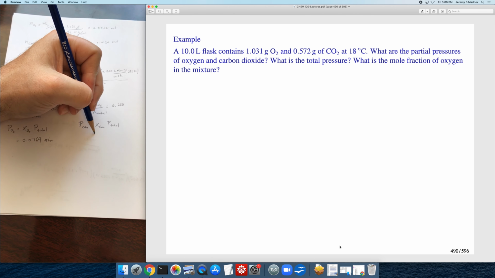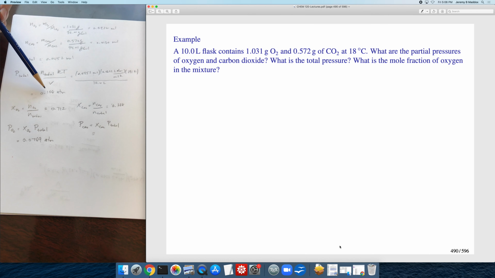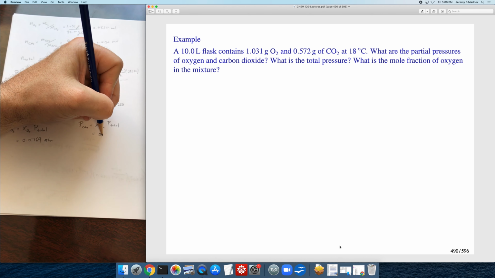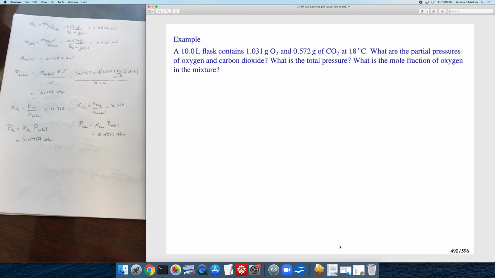And then for the CO2, I'll take the 0.288 times the total pressure, 0.108, which gives 0.0311 atm. Okay, so I think that was everything that we needed to calculate. We didn't do it in the order that they asked, but this illustrates using mole fractions. It illustrates calculating the total pressure of a gaseous mixture and calculating partial pressures from mole fractions.